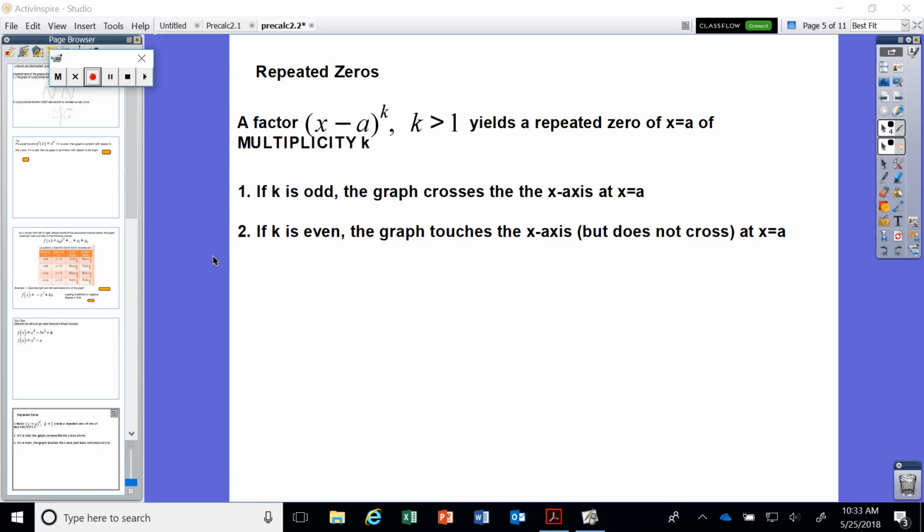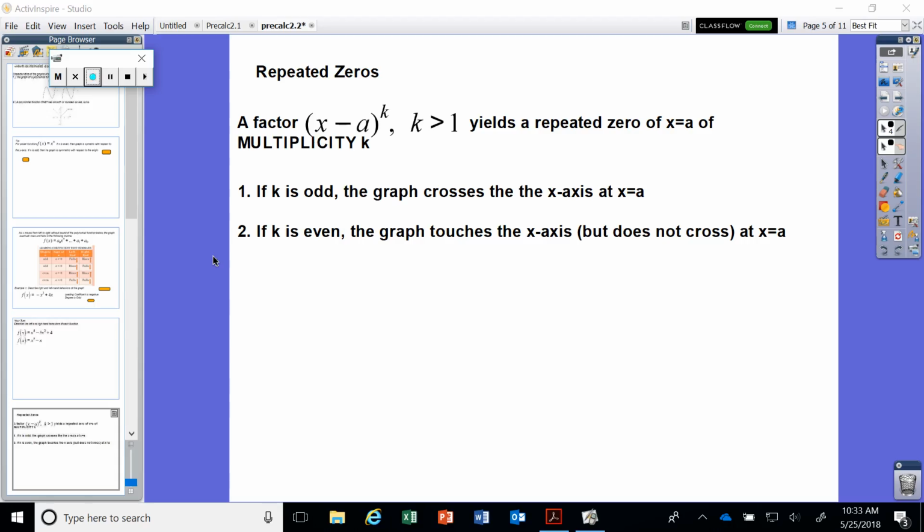So let's say, for instance, you make a factor of a specific polynomial, and you get that it's (x minus a) to the k power. So k is the number of times that (x minus a) was your actual factor for the polynomial.